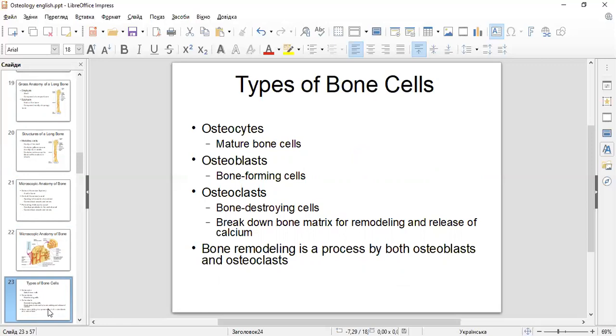Types of bone cells: osteocytes, osteoblast, osteoclast. Bone remodeling is a process carried out by both osteoblasts and osteoclasts.